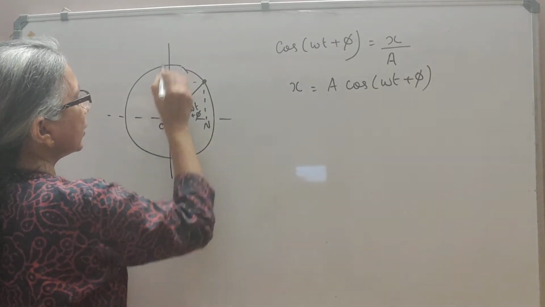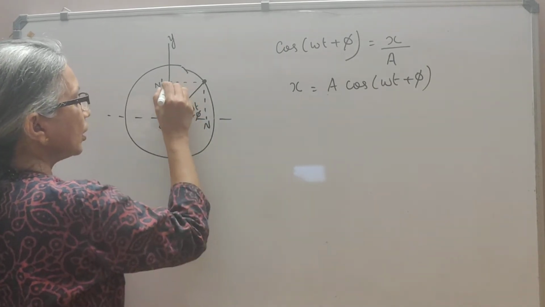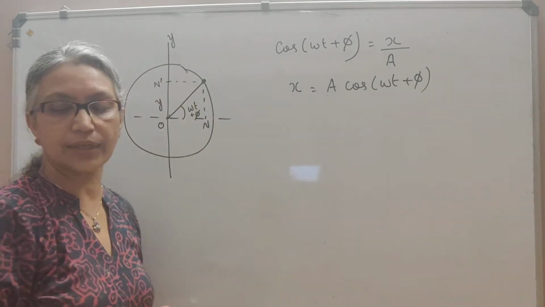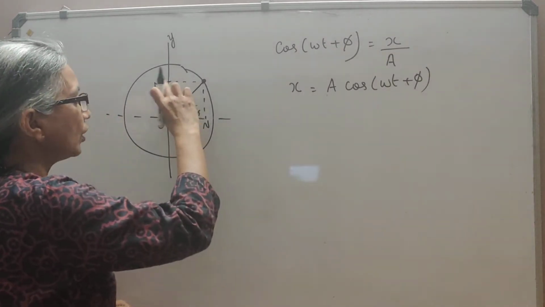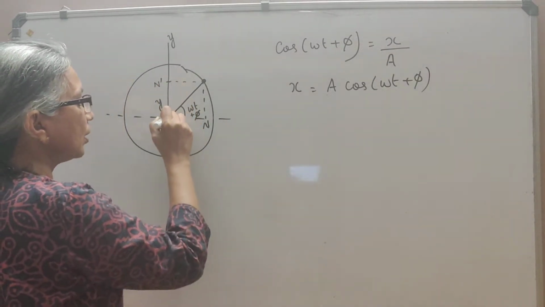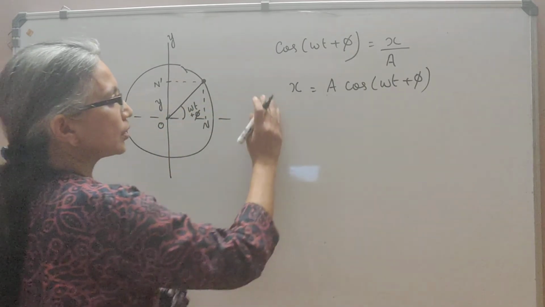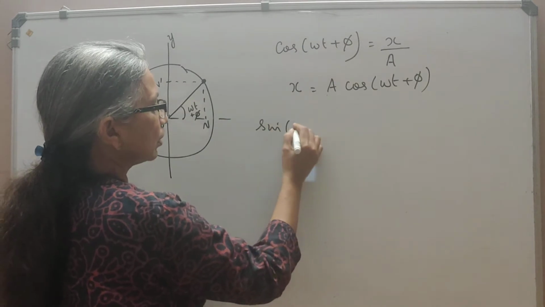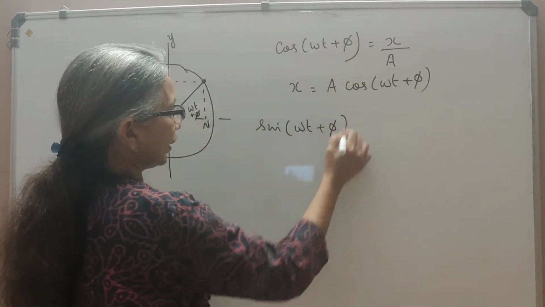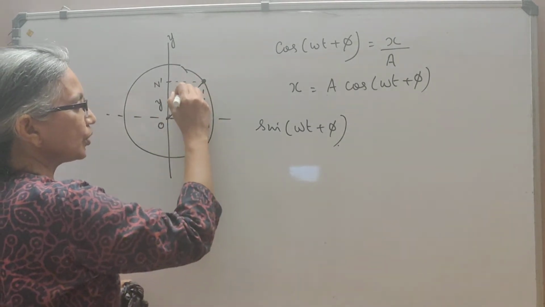This let me call n dash along the y-axis, and this displacement from here along this vertical diameter is what I am calling the instantaneous displacement of the oscillator at any instant of time from the mean position. Now if I take sine(omega t plus phi), it is opposite side by hypotenuse, which is a.